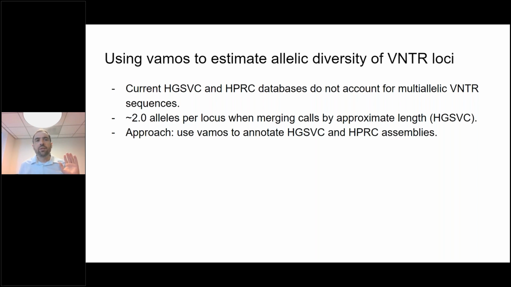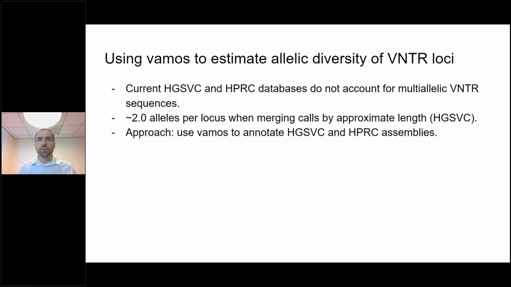When we look at the number of alleles per locus that we find when we merge calls based on proximity and similar size, we get about 2 alleles per locus, at least if we go through the data from the last Human Genome Structural Variation Consortium, or HGSVC paper. And so what we want to do is answer the question, what is the actual allelic diversity? Or in other words, how many alleles per locus do we actually see if we look at the motif annotation as opposed to this length-based merging?